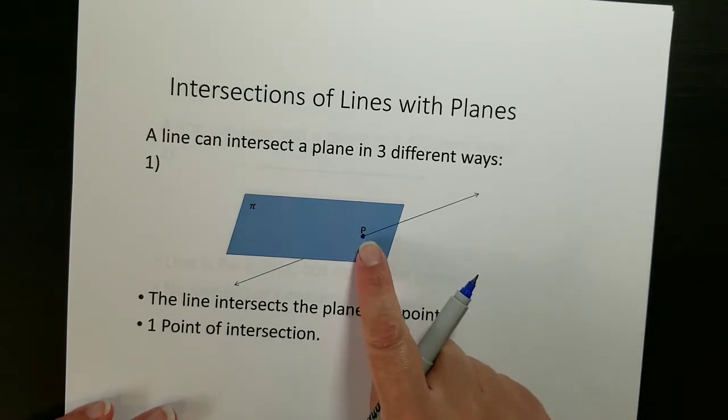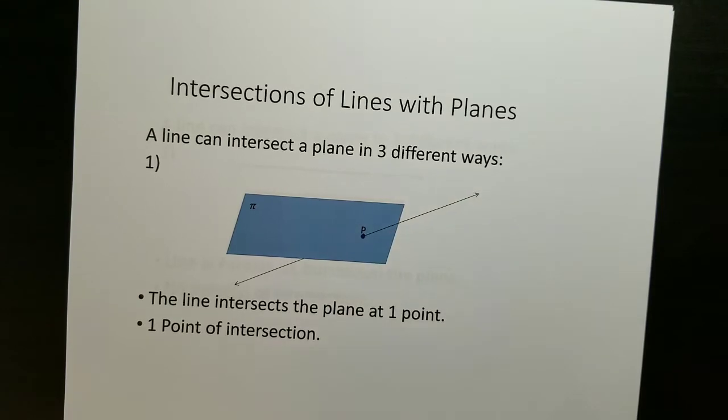So there's one individual point that lies both on the plane and on the line. I think that visually is what people most often think of.